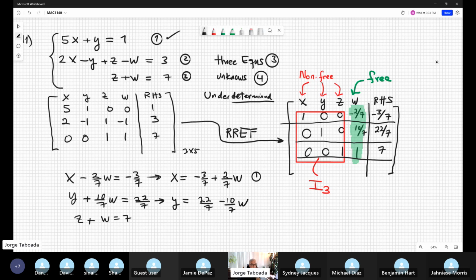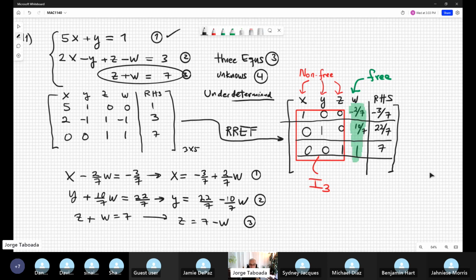By the way, it's the same equation as at the beginning, identical, but I need to write it differently. I write Z equals 7 minus W. Equation 1, equation 2 and equation 3, and I am ready to represent the solution set.